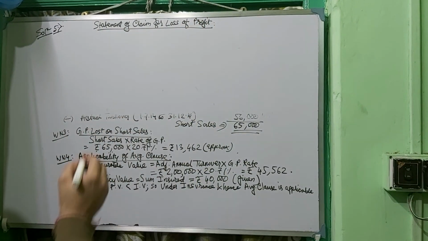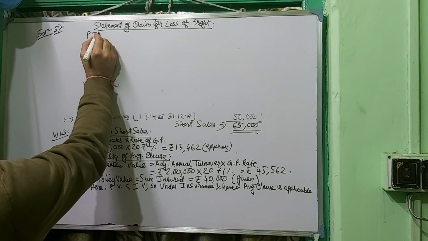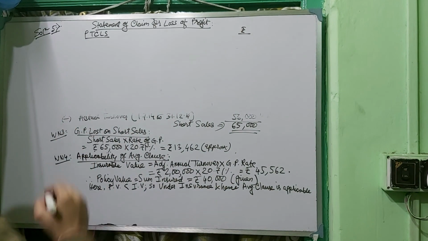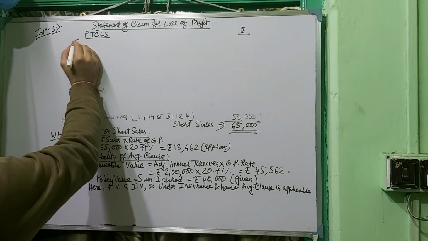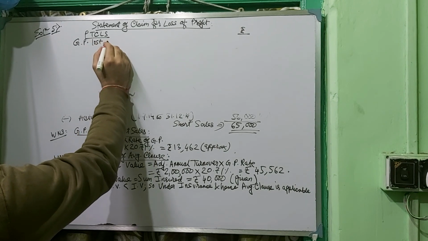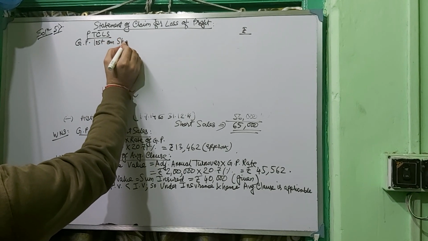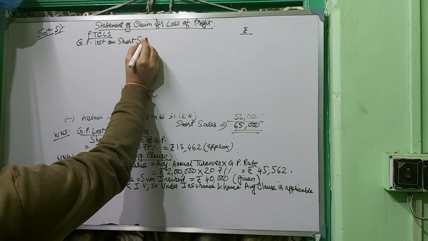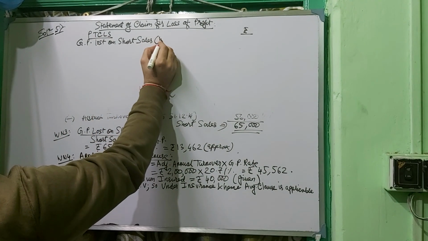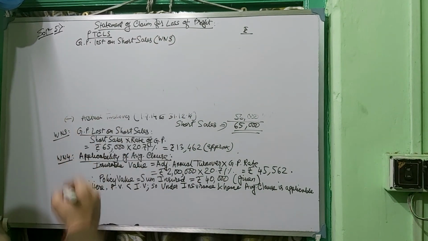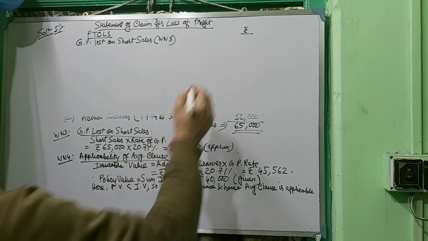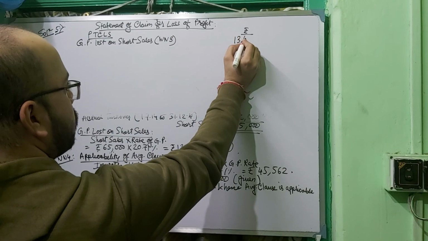Particulars, amount in rupees. GP lost on short sales, which you calculate from working note 3. The amount is 13,462.